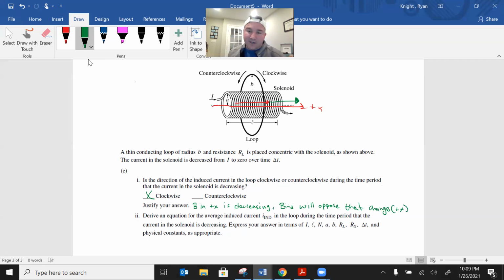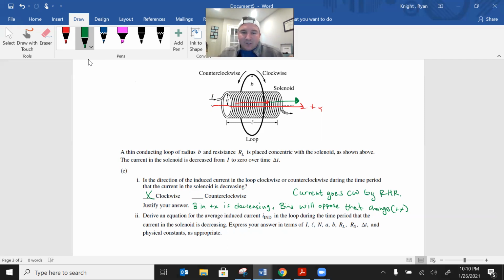In order to have magnetic field induced in the positive x direction, current needs to go clockwise by the right-hand rule. In order to create field that goes to the positive x to support the magnetic field that's decreasing in the positive x, our right-hand rule tells us that we need to go clockwise there.